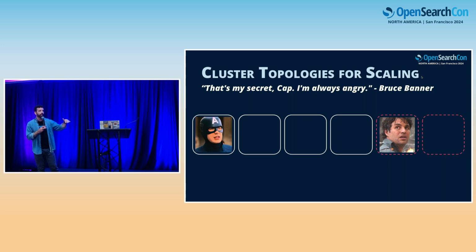You're already oversharded, or as Bruce Banner, always angry. So you're always oversharded and ready to do that. The problem with this is that you still get tons of shards, and also it's very hard to calculate the sweet spot between the right amount of shards when you overshard and not having too many shards.